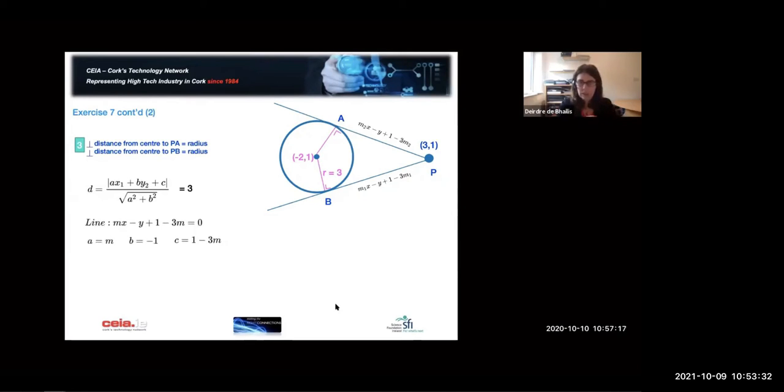The line in question is the equation for both of those tangents, and therefore we can say that A is equal to m, B is equal to minus 1, and C is all of this term here. The point that we're interested in, the x1, y1, is going to be minus 2 for x1 and 1 for y1. So when we populate that into the formula, we get something that looks like this.